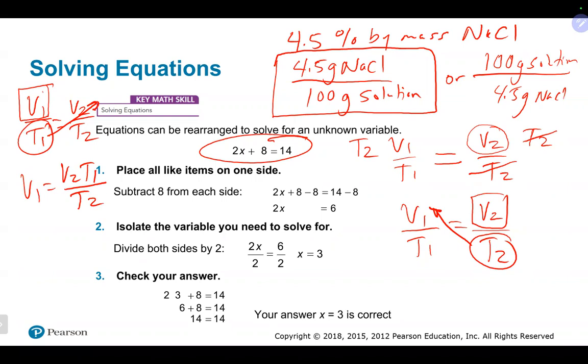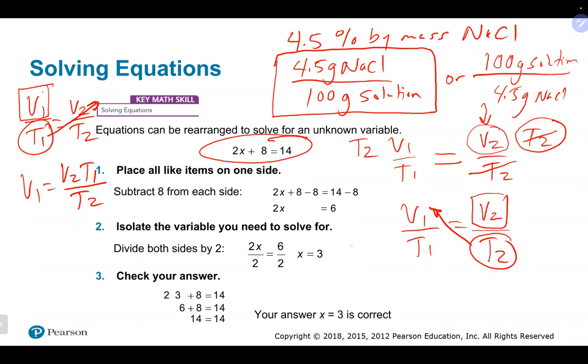Basically, whatever you move across the equal sign, you're really doing the opposite function, if you will. When we have V2 divided by T2 over here, we're dividing, right? So to get rid of the guy on the bottom, which is being divided, you need to multiply. The opposite function basically brings it to the other side.